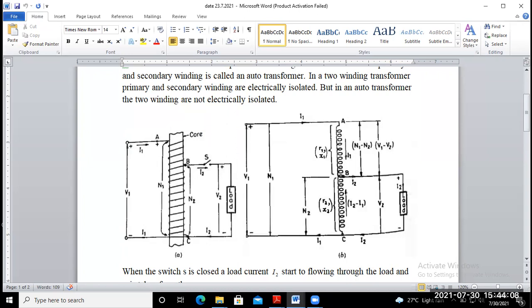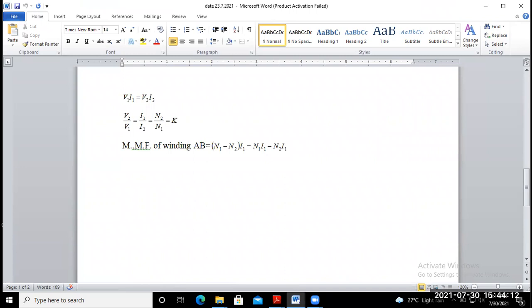In the last class we derived the relation up to this part, that means V2 by V1 equal to I1 by I2 and N2 by N1 equal to K. Now the mmf of the winding AB. What is the number of turns of the winding AB?